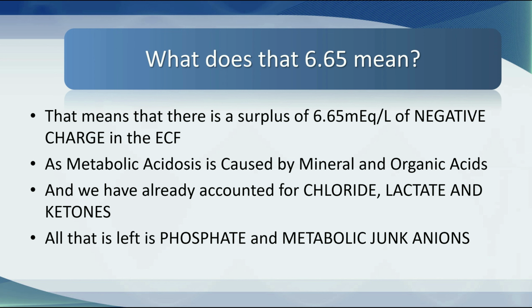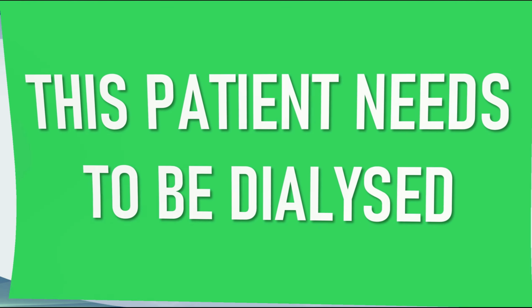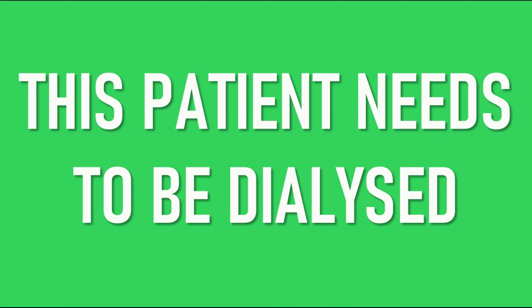Because the phosphate level, even if it's very high, will never get close to 5 or 6 milliequivalents per liter. What you're looking at is a lot of stuff that has accumulated because the patient is in acute kidney injury that's manifest by the high serum creatinine. In my view, the great value of doing any of these gaps is that we have now ruled out all the other causes of metabolic acidosis other than renal acidosis. And this tells me that our patient, Larry, needs to be dialyzed.